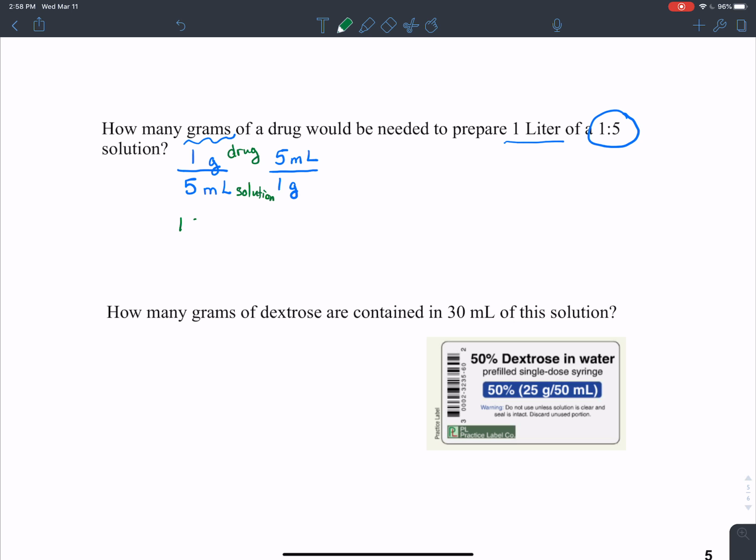So if I start out with 1 liter of solution, I can put it over 1. I'm going to use the strength to cancel this out. I want the solution to be in the denominator, but my units are different. I have 1 liter from the problem and milliliter for the solution. So I'm going to convert my 1 liter into milliliters.